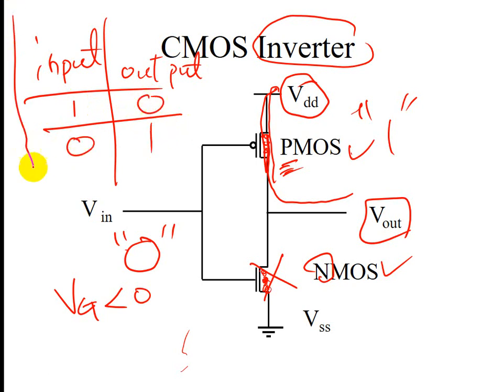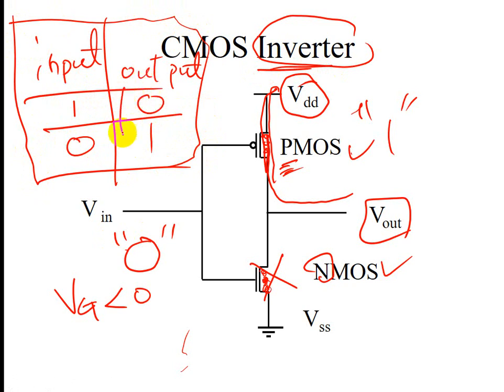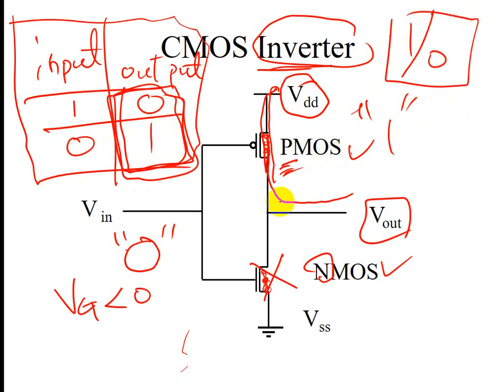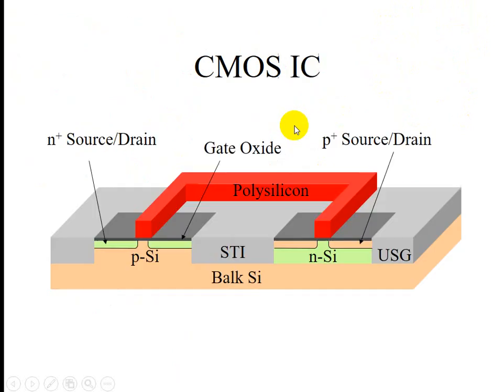This is the inverter CMOS. So your output is still 0 and 1, always a binary system, 0 and 1, although it has an inverted signal coming out. This is called CMOS, also called an inverter. This is the so-called symmetrical design of the CMOS.